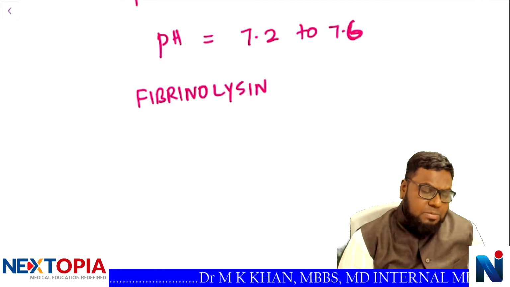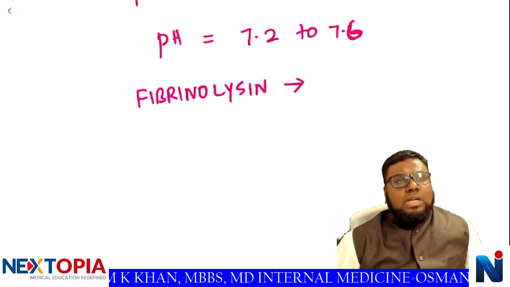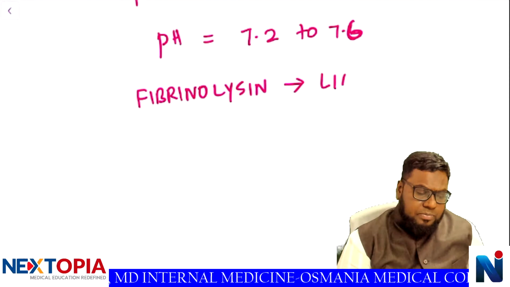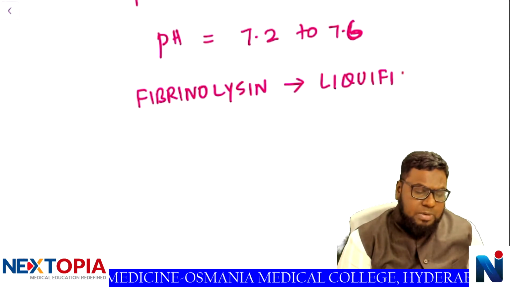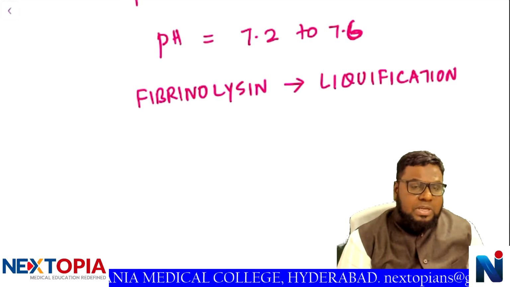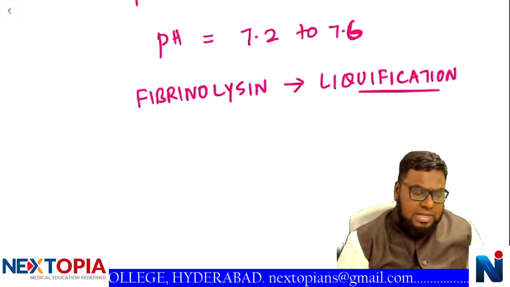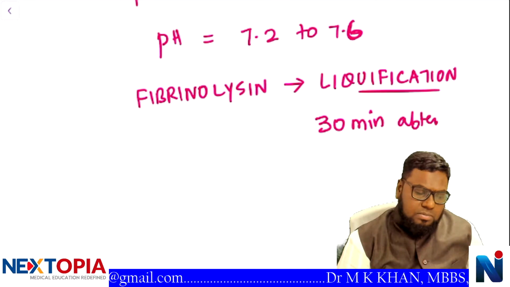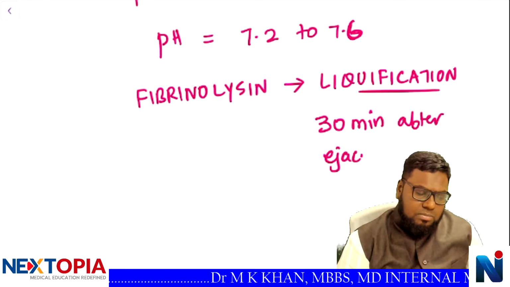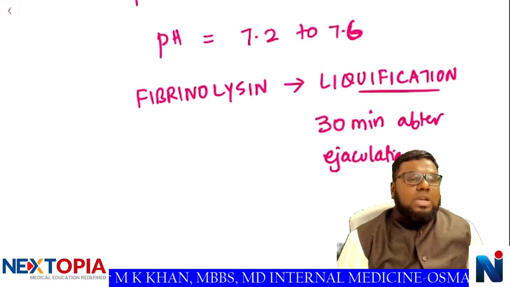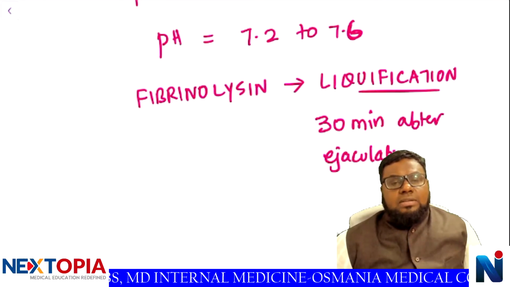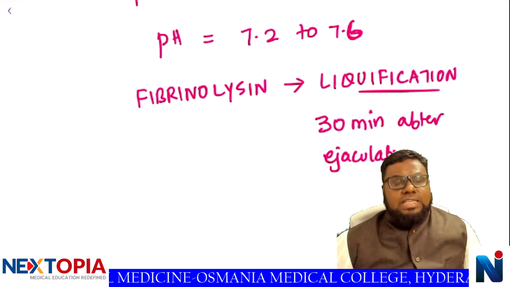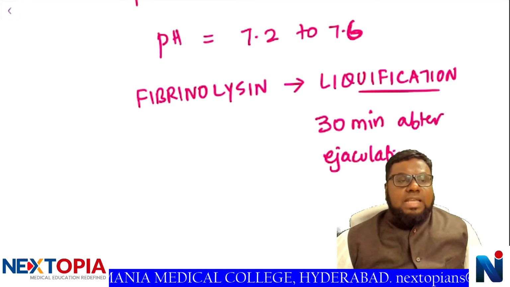This fibrinolysin helps in the liquefaction of the semen. Liquefaction of the semen is a normal property and occurs 30 minutes after ejaculation, which is what you should observe in the lab.